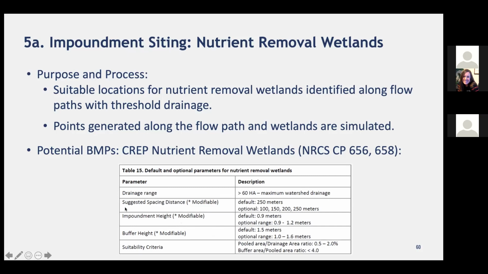I'll talk more about spacing and impoundment height specifically. But the spacing, impoundment, and buffer height, and suitability criteria really should be tailored to the geographic and landscape features that you're working in, and the standards that would be required for installing these nutrient removal wetlands in the landscape that you would be working in.